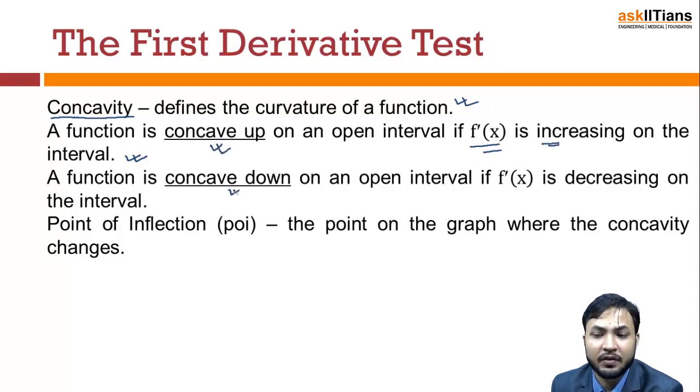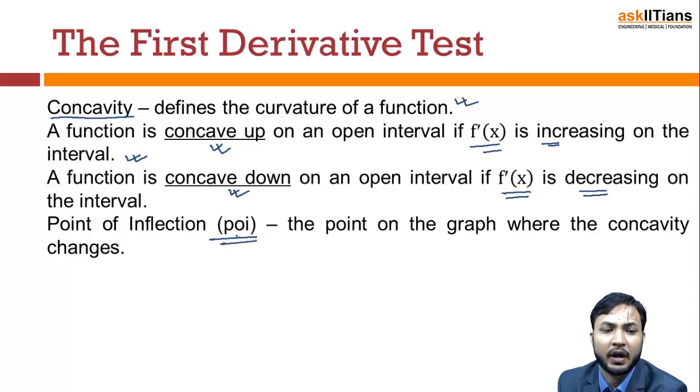If it is concave downwards, then f dash of x is a decreasing function. And the critical point is what is called the point of inflection. Basically, where concave becomes convex, that point is said to be the inflection point.